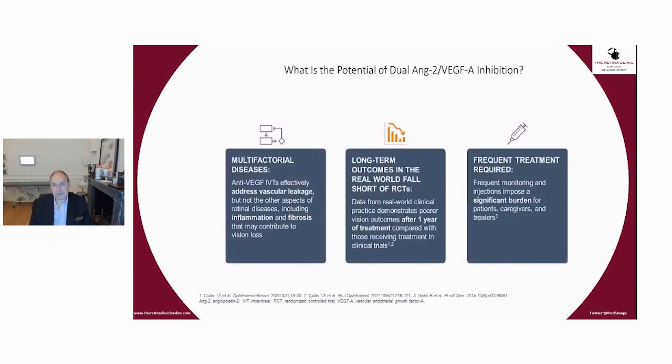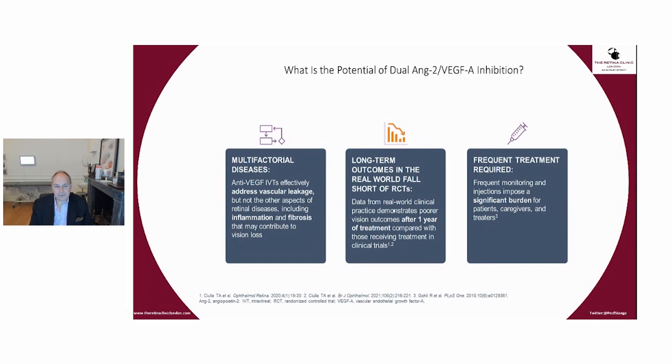So what is the potential for a drug like faricimab that has 2 targets? Well, it effectively addresses vascular leakage, inflammation, and fibrosis. Currently available anti-VEGF drugs only address vascular leakage.